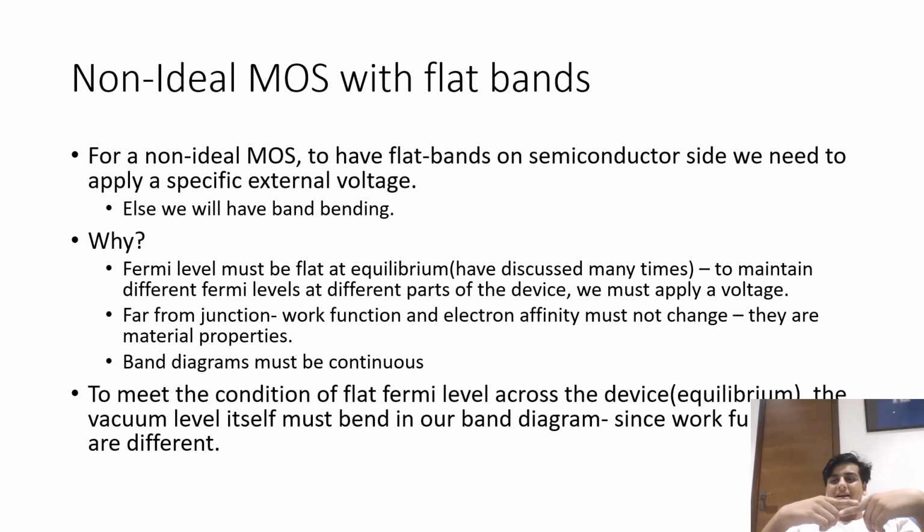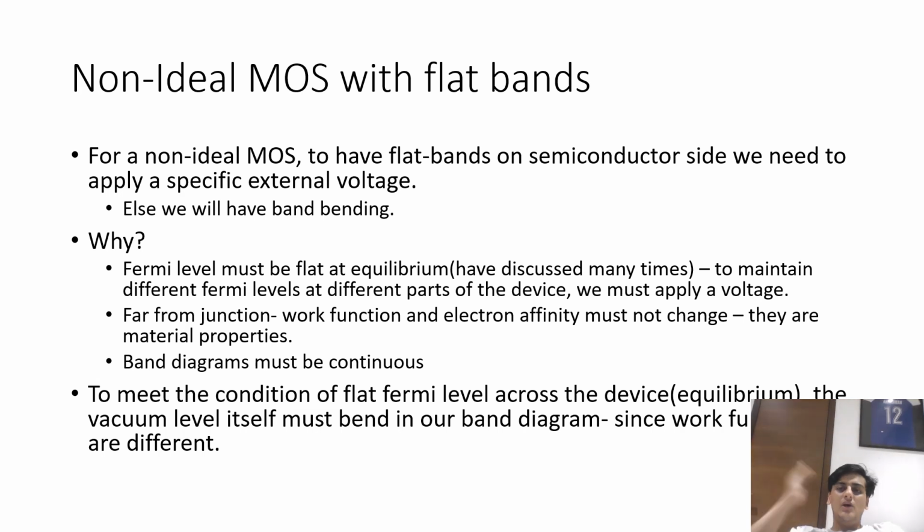And the only case in which that can happen is when you have an electric field, and the electric field is born from a voltage. So the only way in which a flat band is possible is if you externally apply a voltage to create that electric field that is able to pull the electrons from the semiconductor to the metal. So this is why, for having flat bands, it is absolutely essential for an external voltage to be applied.